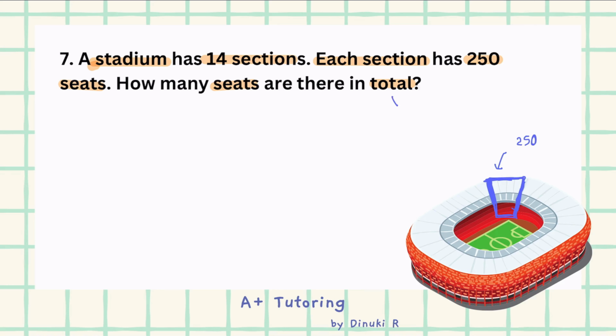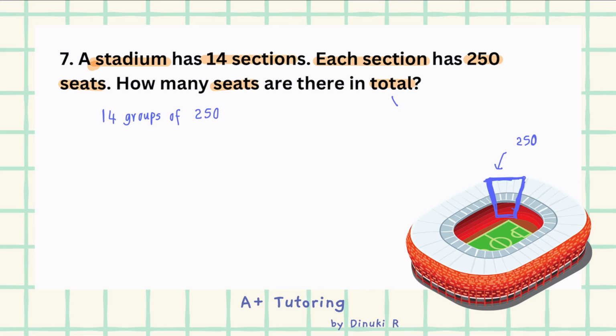Again, total. Remember, when we're doing total, it's usually multiplication or addition, right? Because we're bringing two or more groups together. And if it's big numbers, it's a lot easier to do a multiplication than try and do an addition, right? So another way to word this question would be 14 groups of 250, right?